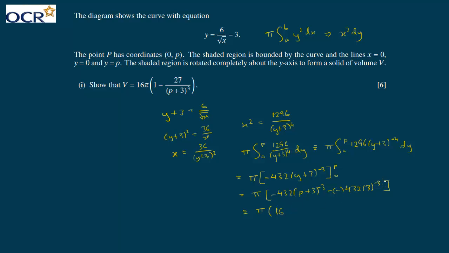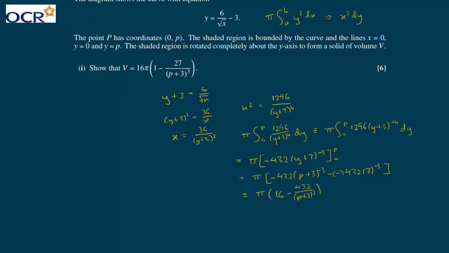Okay, so that 3 cubed is 27. 1 over 27, multiply that by that is the same thing as dividing by 27, you just get 16. Right, minus 432 over, because we're taking this into account, p plus 3 cubed. So almost there. This is what they want here. 16 pi, or lots of 1 minus 27 over p plus 3 cubed.